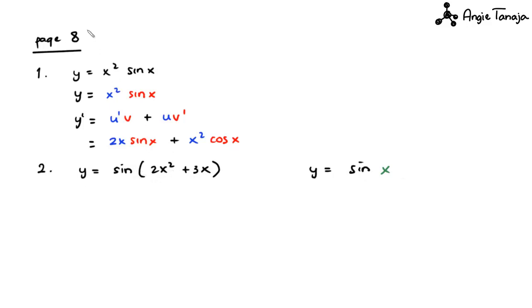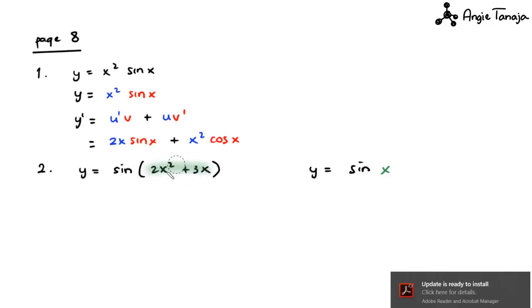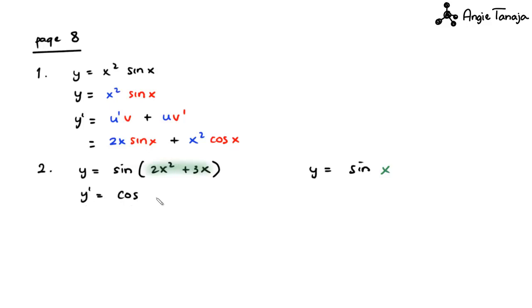So we're going to treat this like sine x. So the y prime will be simply cos of that green part. The sine green will be the cos green. So I will just put this as green as well.